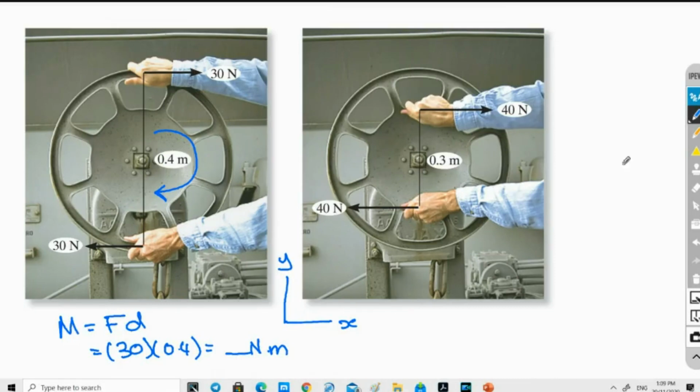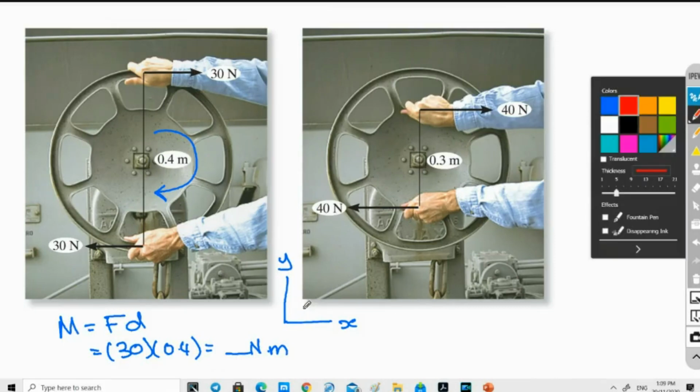What that means is the unit vector will be minus k, because the positive z-axis is going out of the screen towards you. So when your thumb is going into the screen, it is the negative k direction. So the moment vector is just the moment times the unit vector there.